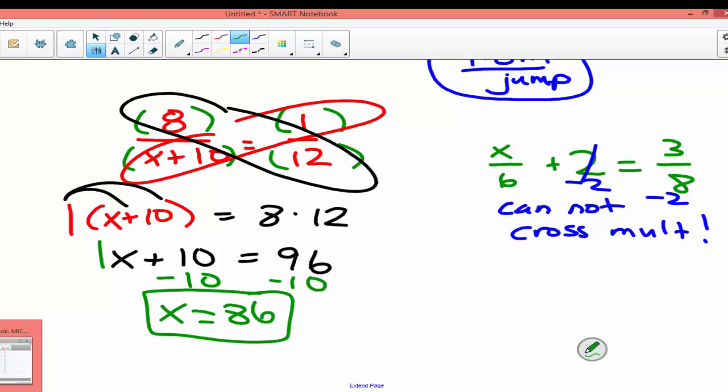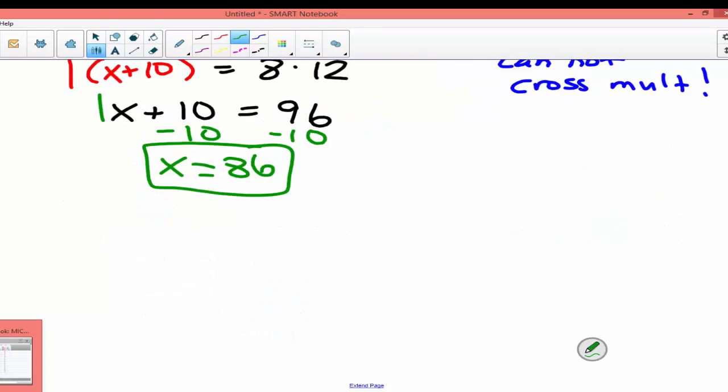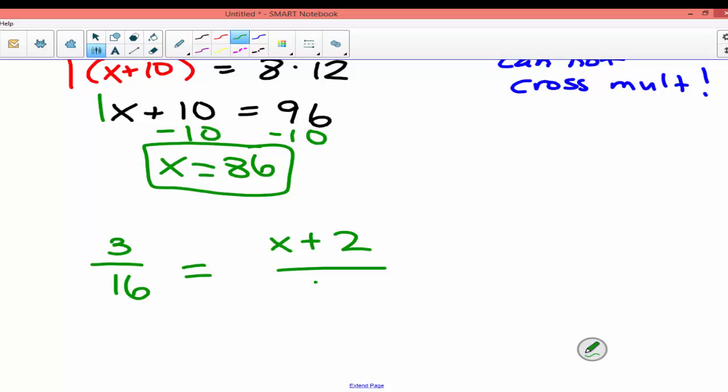So I'm just going to give you one to try. Three over 16 equals x plus 2 over 12. So go ahead and hit pause, see what you come up with.